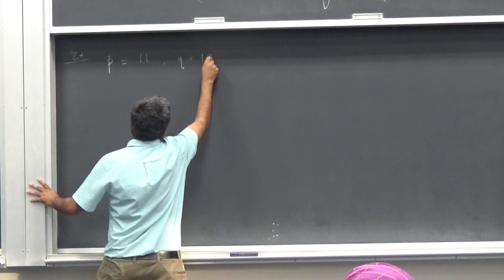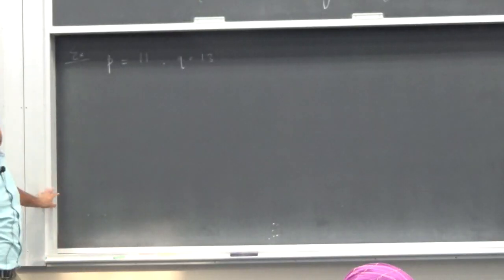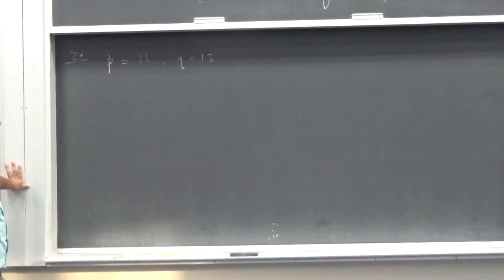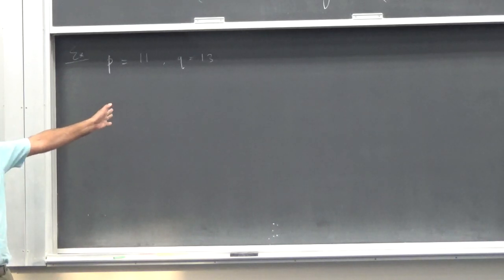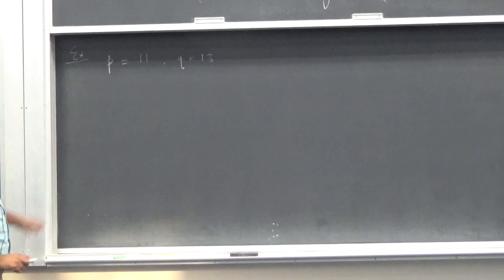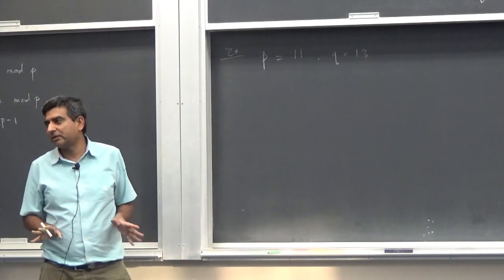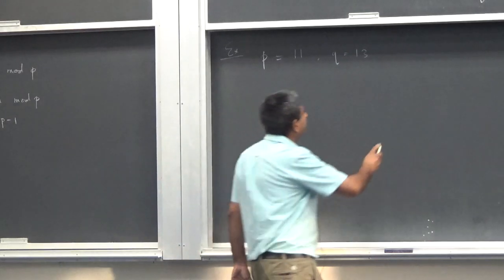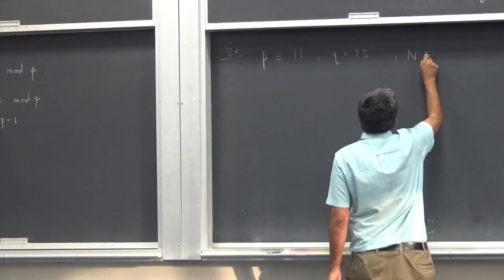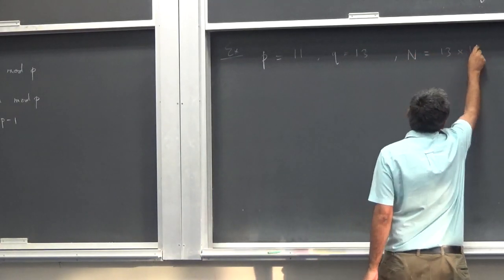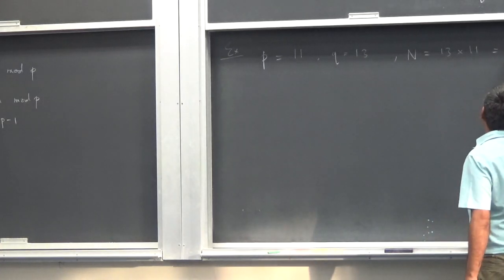I can't use a 200-bit example here because that's beyond my human mortal capacity. So I'm just going to use simple, smaller numbers here. P and Q are chosen by Bob, and he doesn't tell these chosen numbers to anyone. Then he computes N, which is 13 into 11.